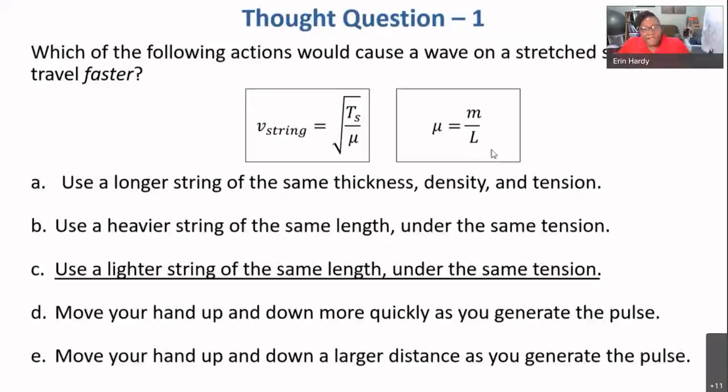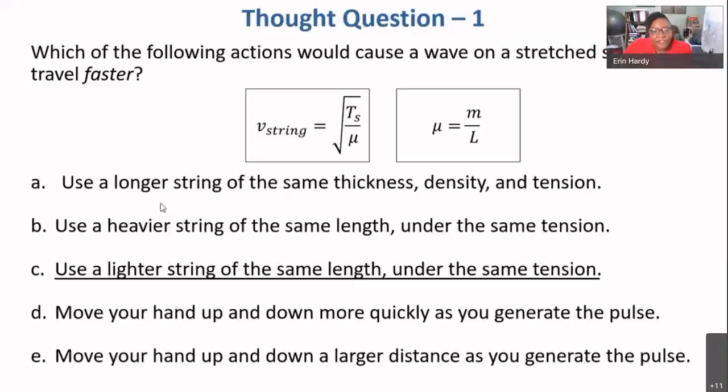A longer string of the same thickness, density, and tension, if we take a look at our linear density here, this would cause your linear density to get larger. So down here at the bottom, that means that your wave speed would get smaller ultimately.